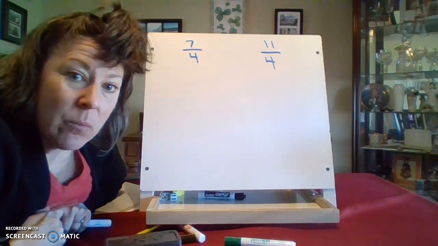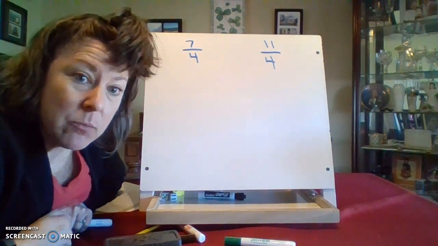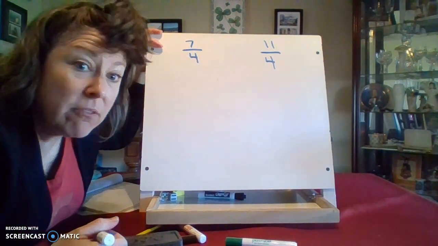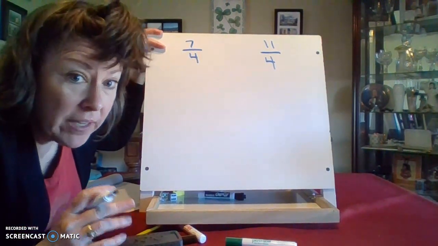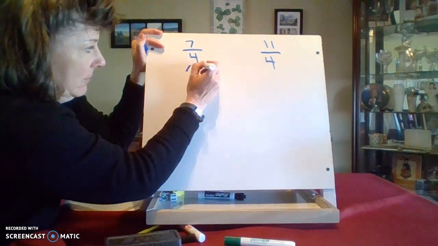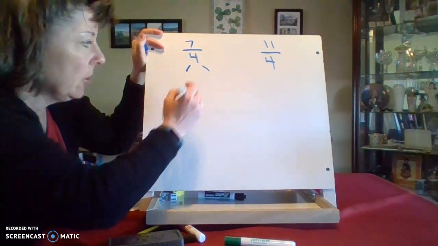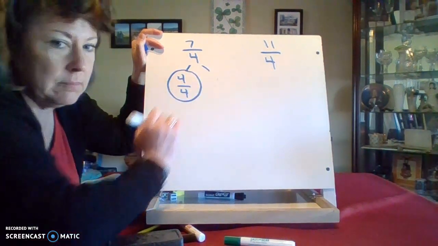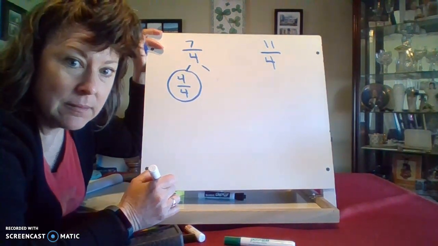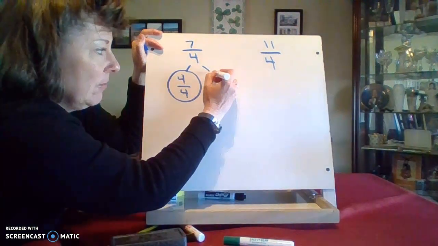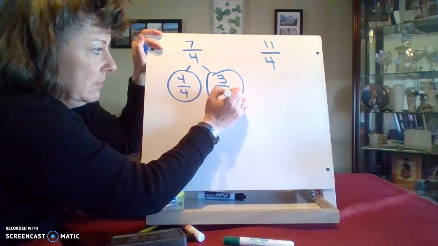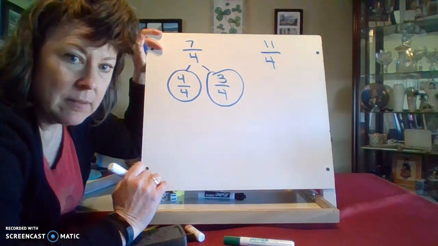Now, another way I can work on this is with my number bonds, which we've done before. Got my improper fractions here that I want to fix. So I can pull 4/4 out, and then I still have 3/4 here.